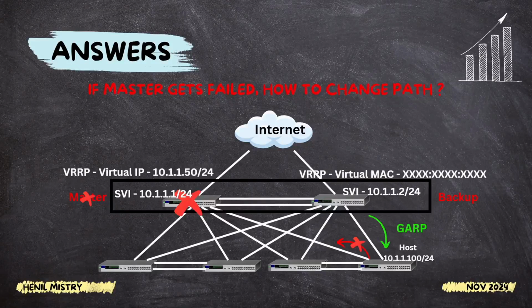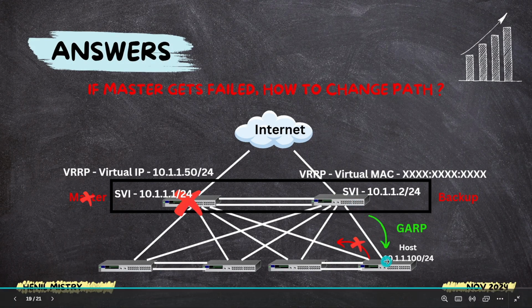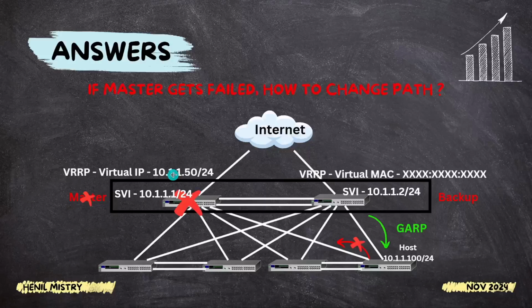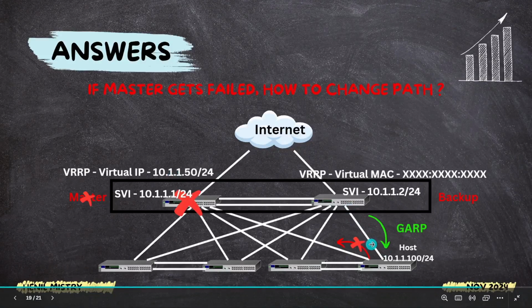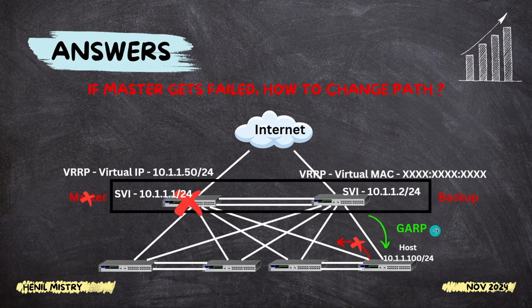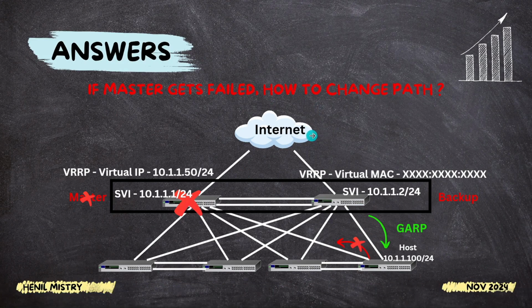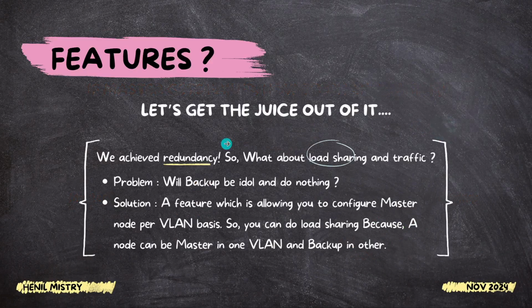This ARP is not requested by the host, because it is directly sent by the backup device, in order for this device to know that now if you want to connect to this 10.1.1.50, you need to take this path. So that's why this is called Gratuitous ARP. And now, as it receives the ARP, it will know that I need to use this link. So that's how this VRRP works, and that is a very interesting behavior of VRRP.